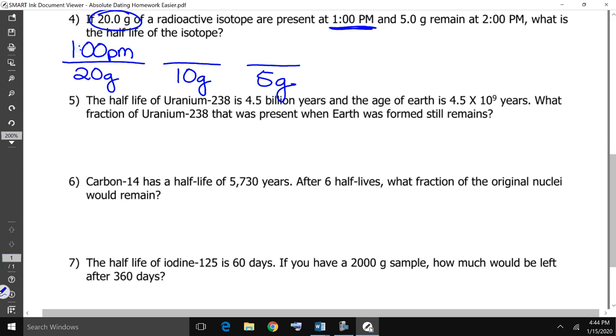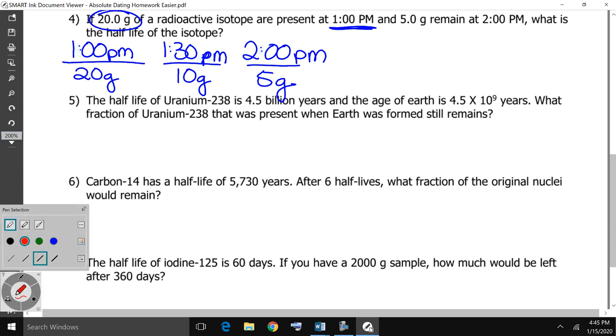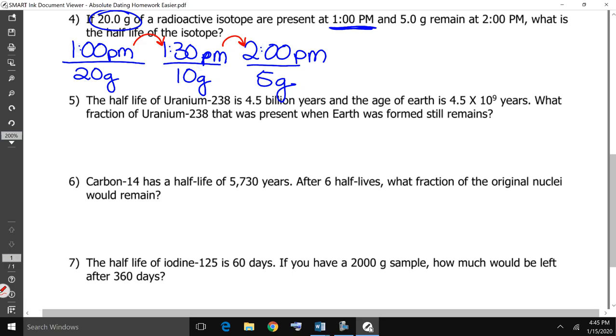So it needs 2 half-lives in order to get to 5 grams by 2 o'clock p.m. So what is halfway between these two? 1:30 p.m. Okay, therefore, our half-life, the time it takes for half of the amount of a radioactive substance to decay, in this case, is going to be 30 minutes.